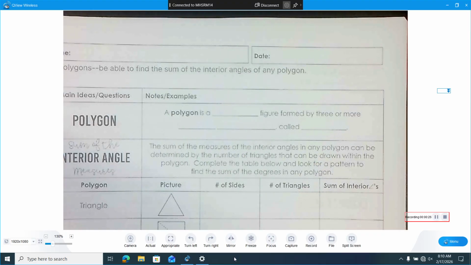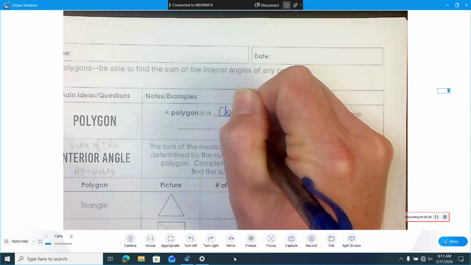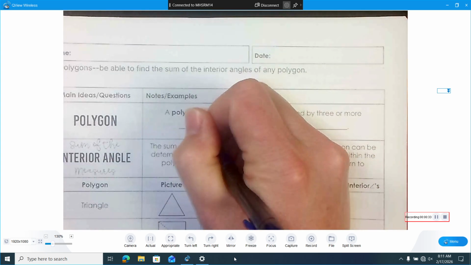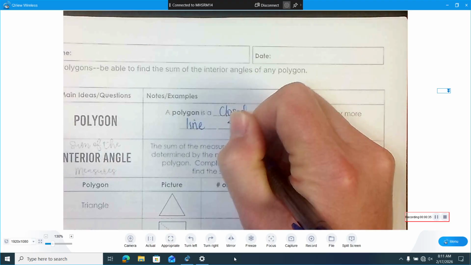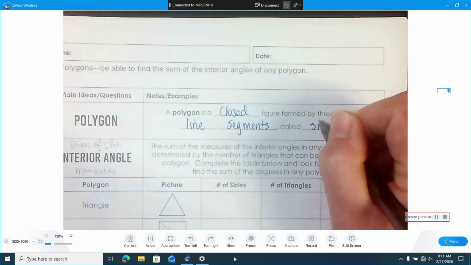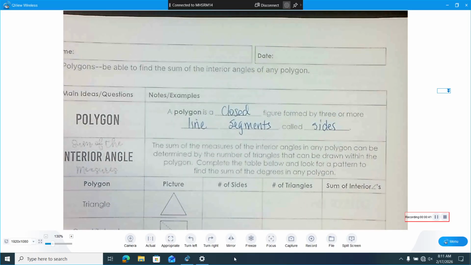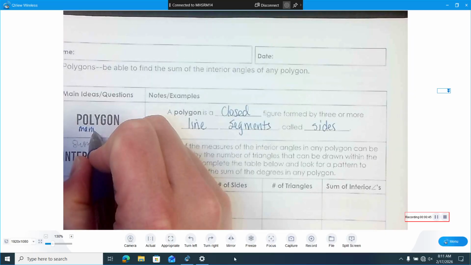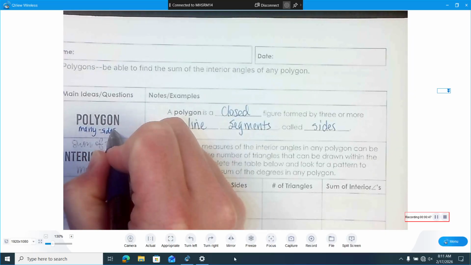A polygon is a closed figure formed by three or more line segments called sides. So a polygon literally translates to many sides.